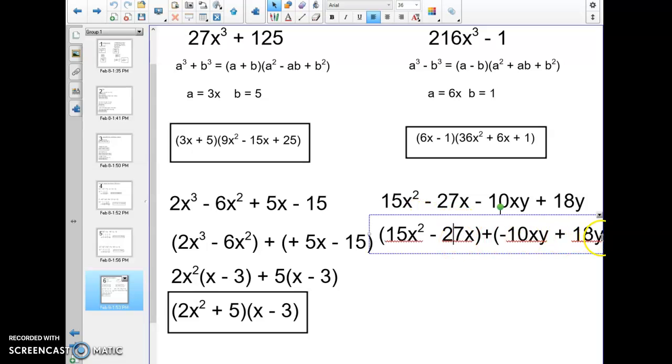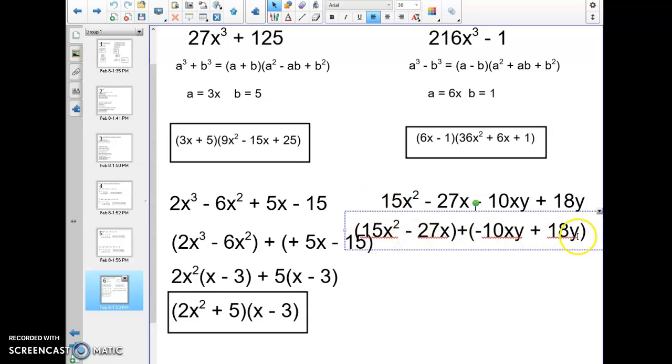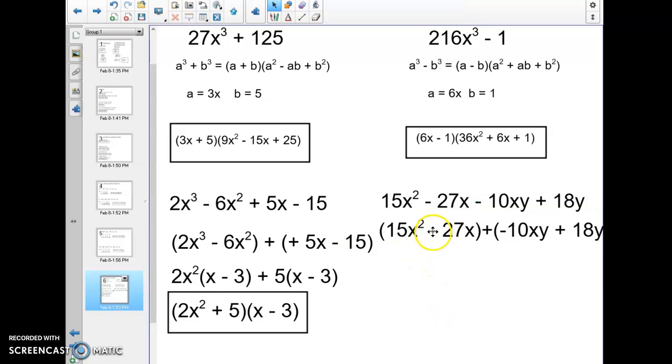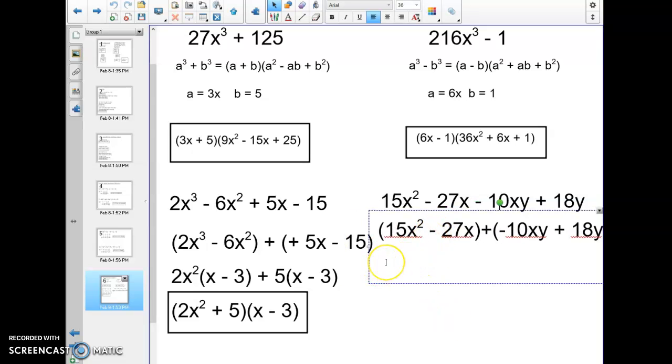And now I'm taking a GCF out. So let me fix my screen here. There we go. Okay, so we can take a 5x out of the first one. So we take 5x out. I'm sorry, 3x out, excuse me. And we're left with 5x minus 9.